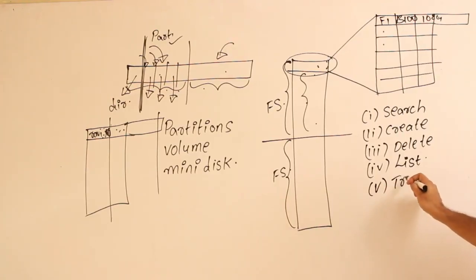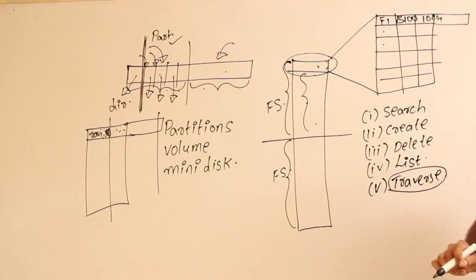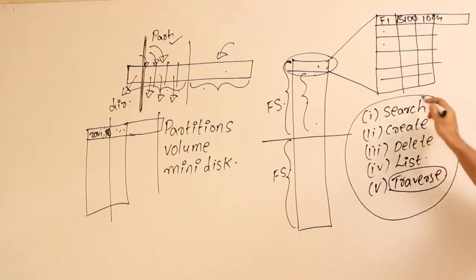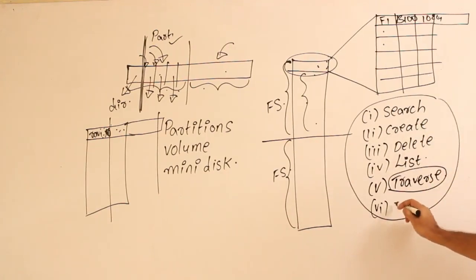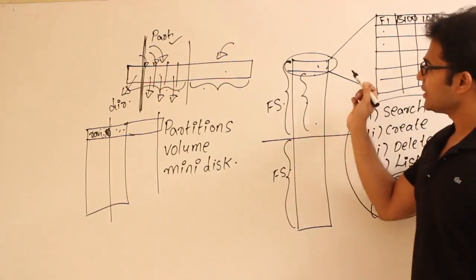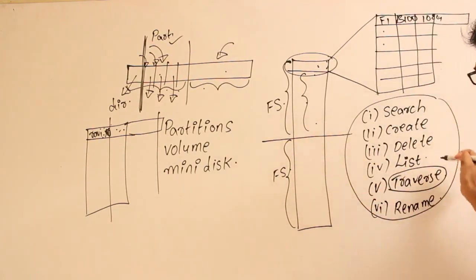Let us say you want to traverse. Traversing is something which will be required when you have more than one level of directory, right? So these are the basic operations you might want. One more operation is also there, renaming the file, right? So there are various operations you might want to do on the directory.